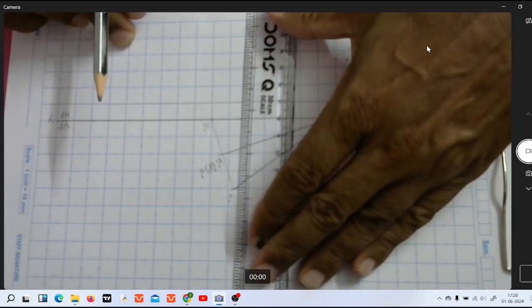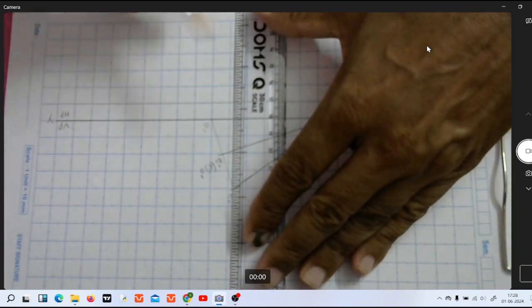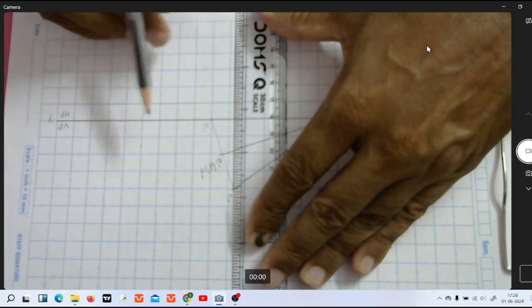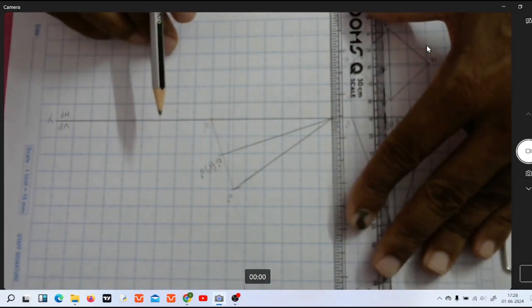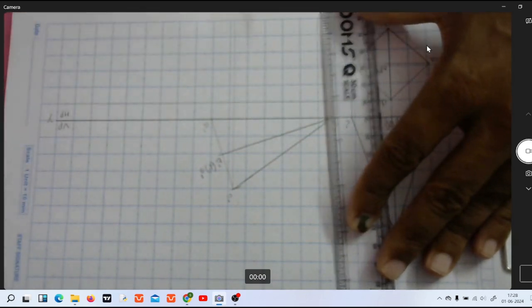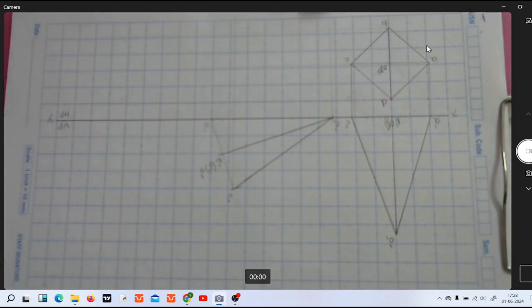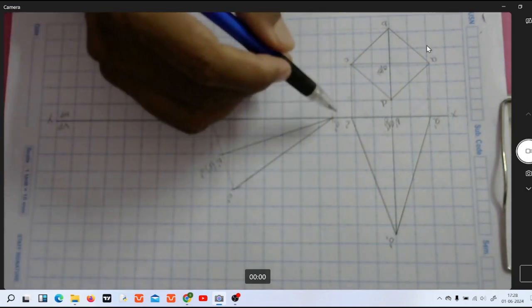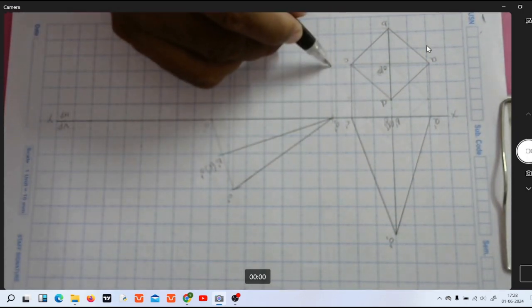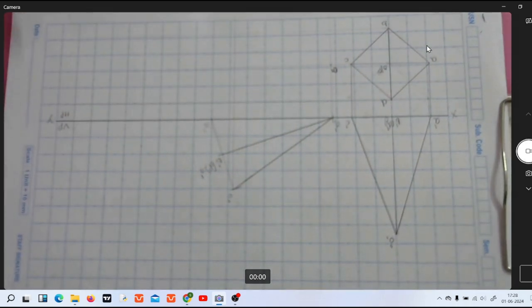Now let us drop down here. Now I got O1 dash here, you got an O1 reference here, let us mark it as O1.